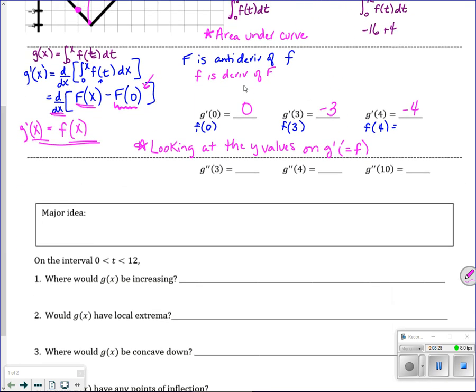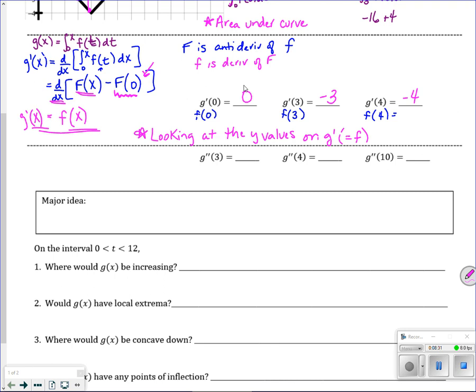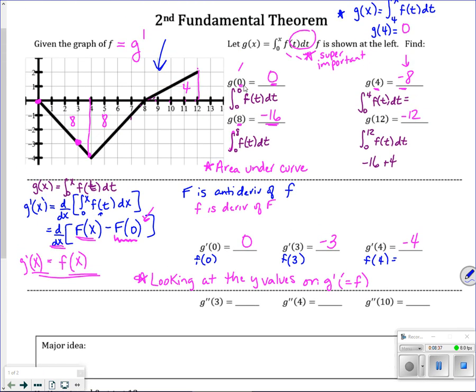The next one is asking for the second derivative. Well, let's not make this harder than it is. If my graph right here is g prime, if I want the derivative, I don't want the y value at this point, I want the derivative. If this is g prime, it's asking for g double prime of 3.